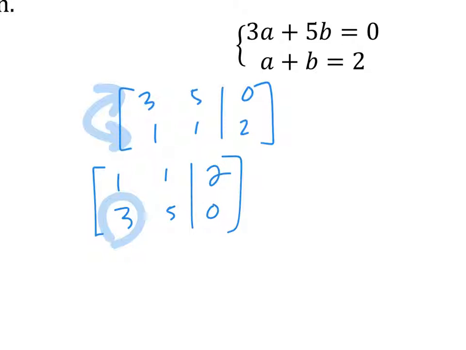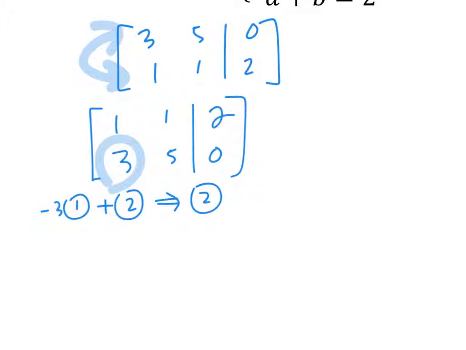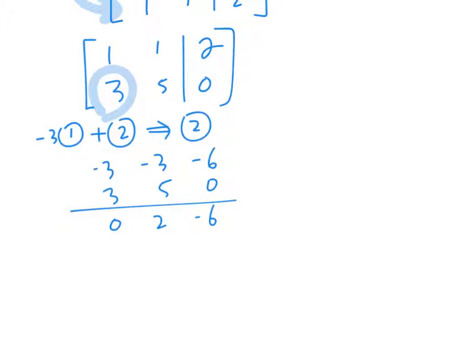Multiply first one by negative 3, add to row 2, replace row 2. Okay, I'm gonna do the multiplication in my head. So negative 3, negative 3, negative 6, 3, 5, 0, 0, 2, negative 6. Replace row 2. 1, 1, 2, 0, 2, negative 6.